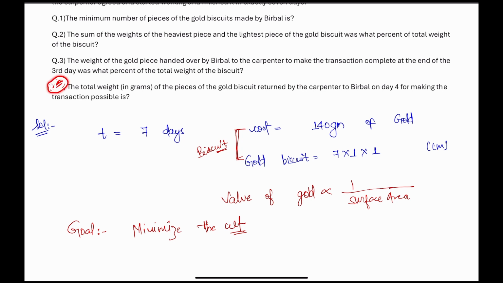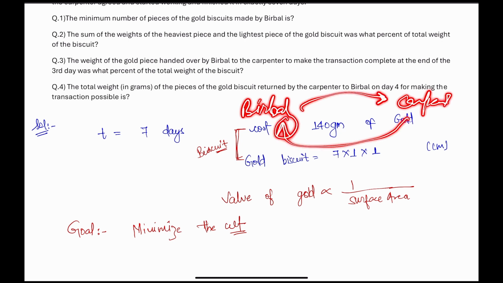Okay, this is giving us a very nice suggestion of how Birbal might have made the transaction. It is written in the question that the total weight in grams of the pieces of the gold returned by the carpenter to Birbal. So in reality, Birbal should pay the carpenter, but Birbal is doing something such that the carpenter has to return something.